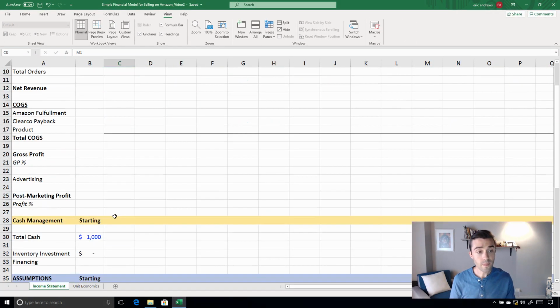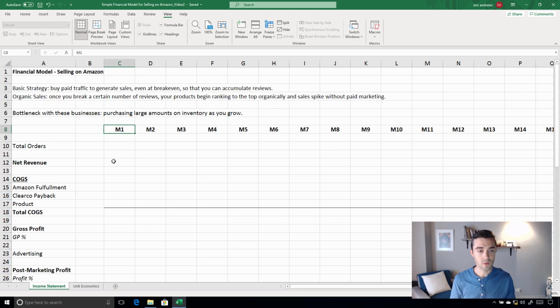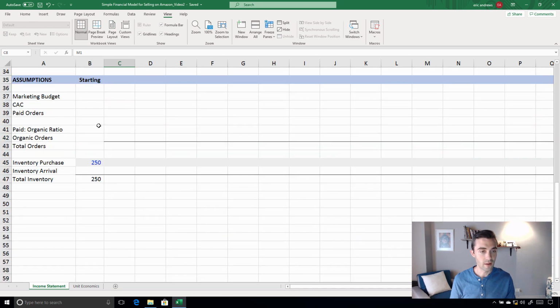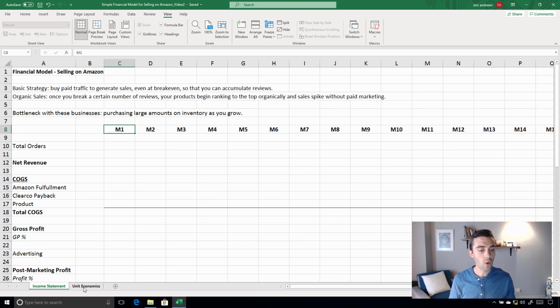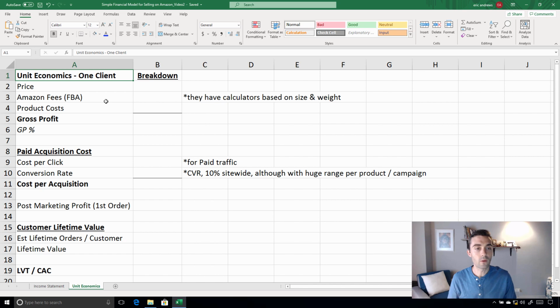So we're going to look at this whole inventory management, cash, P&L, everything. But first, what you always need to do when you're preparing to launch a product is look at the unit economics. Basically, unit economics means: what is the math on one order?